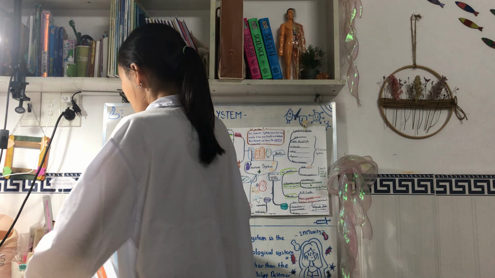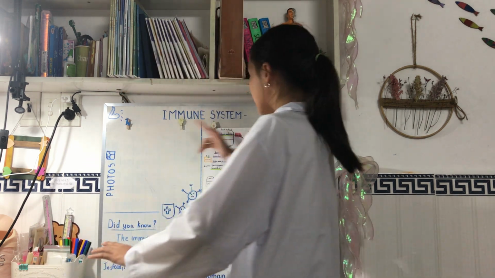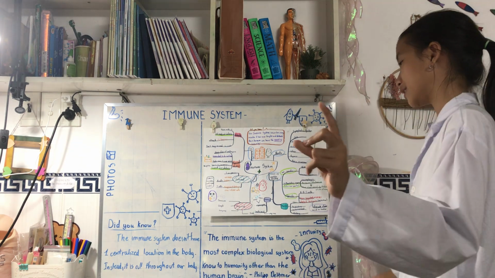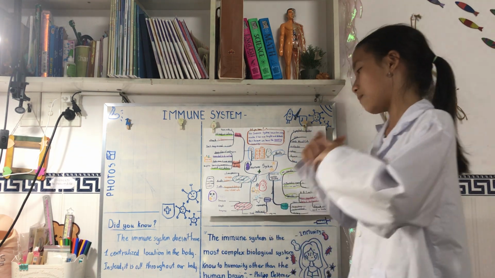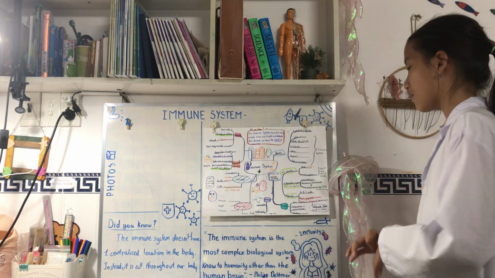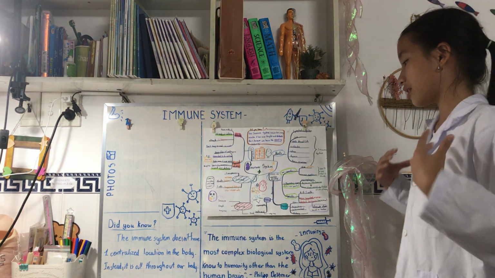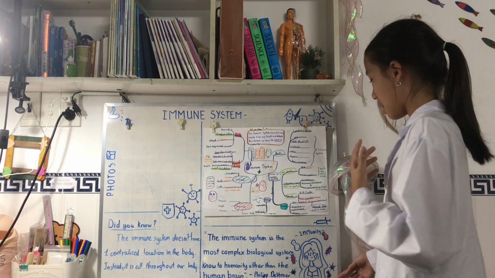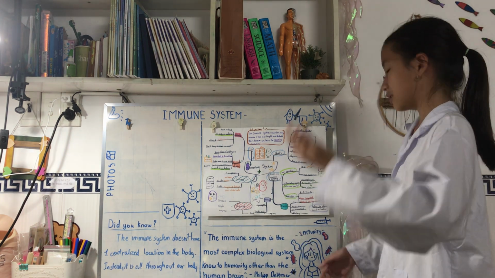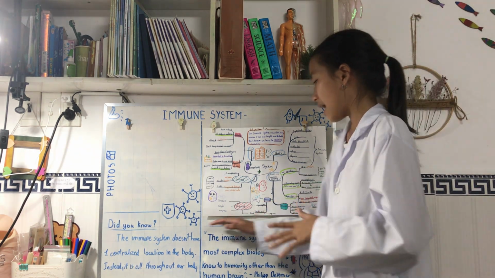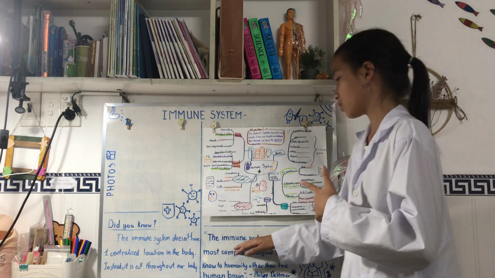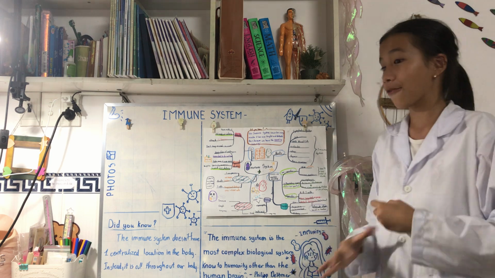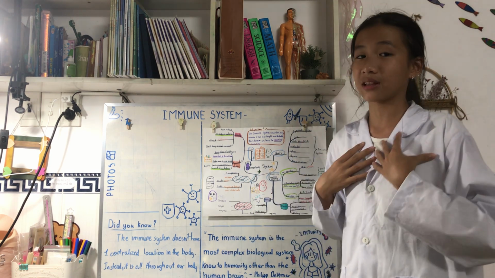And yeah, those are all of the parts that I have. There's only one quote left that I have to say. The immune system is the most complex biological system known to humanity other than the human brain. This quote is by Philip Detmer, and that is definitely true, because the immune system is an incredible system that we have. Without it, we might not even live today.